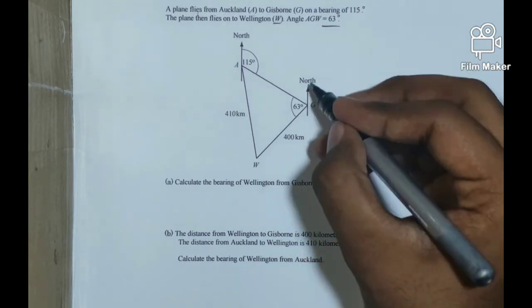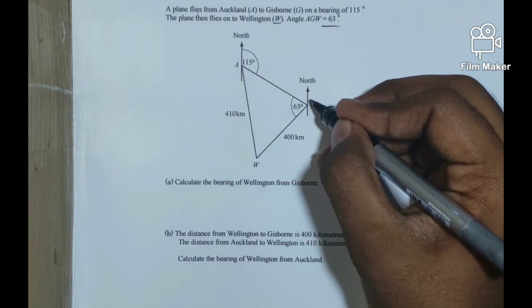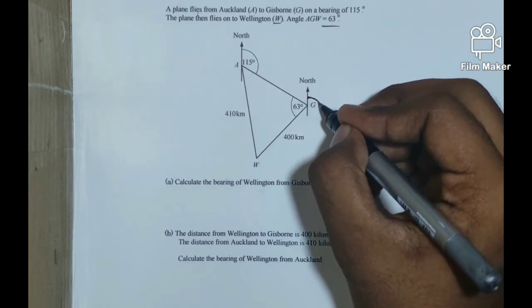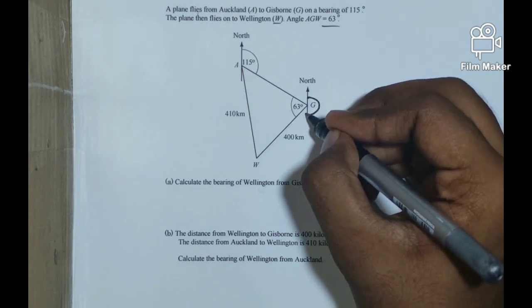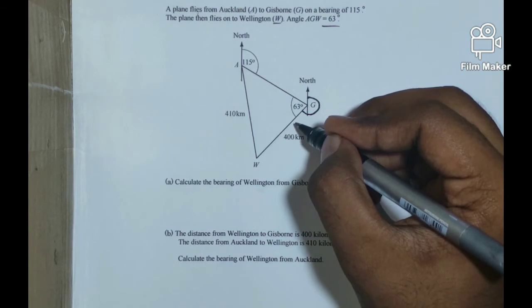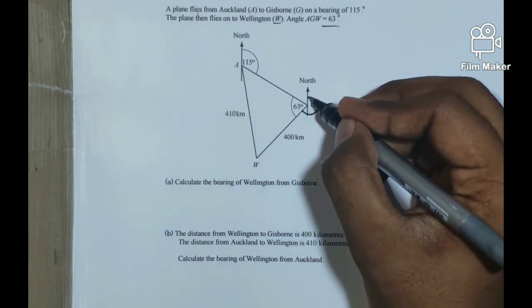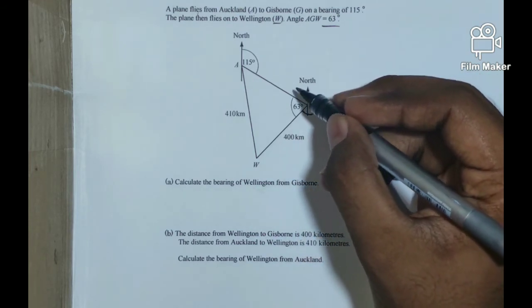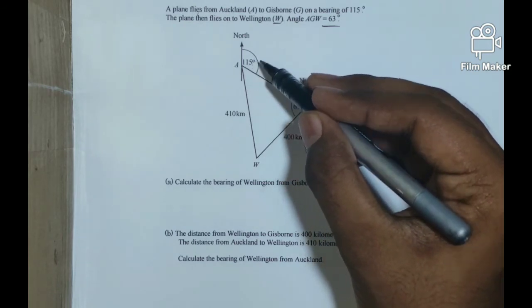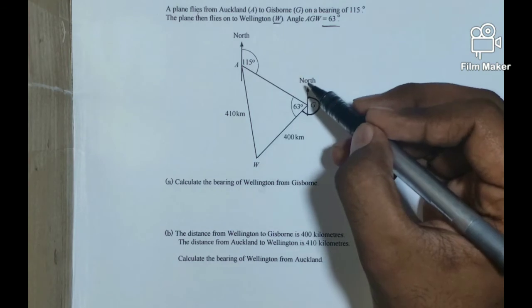So we need to calculate this angle starting from the north and moving clockwise till this line W. Now we know that this angle is equal to 115 degrees.